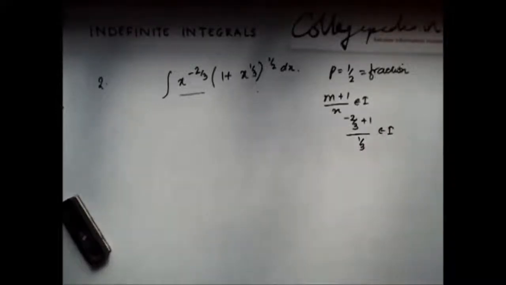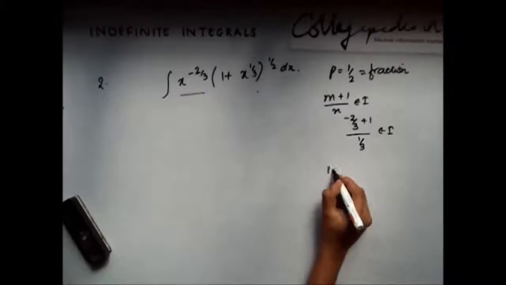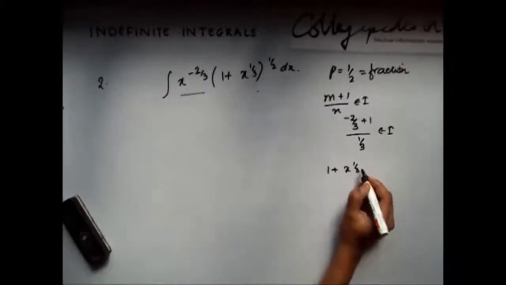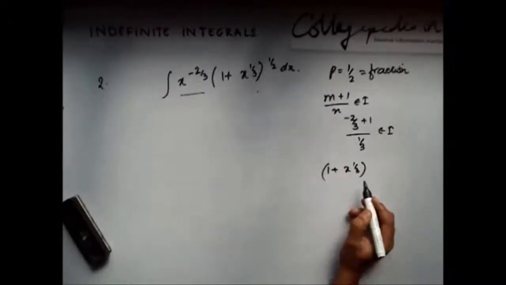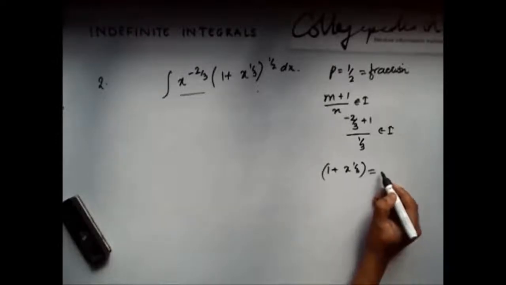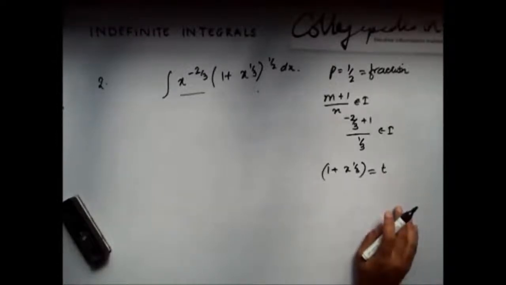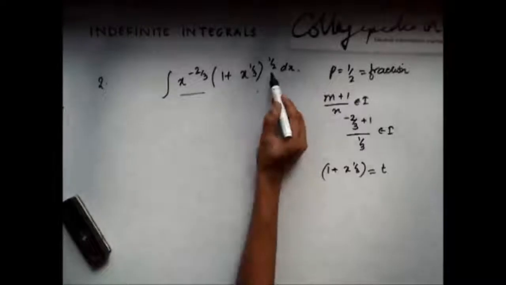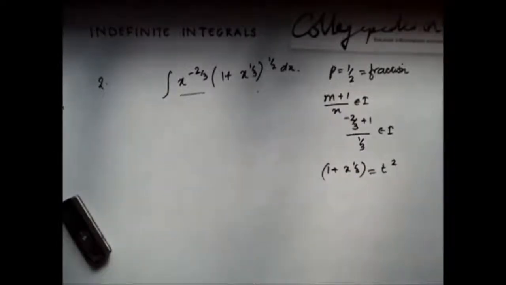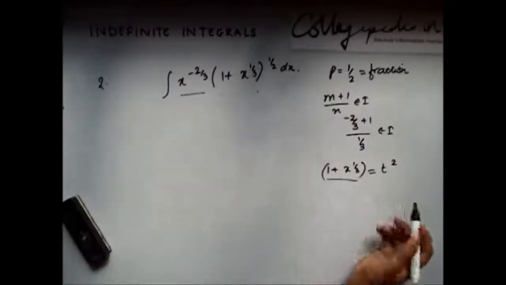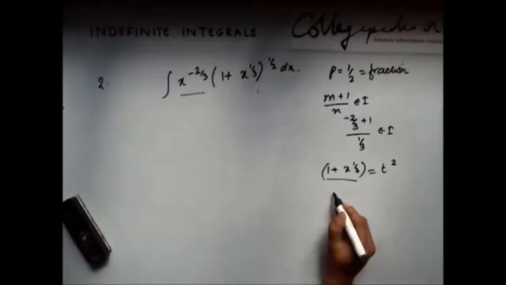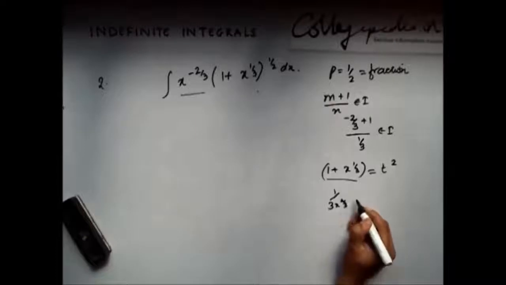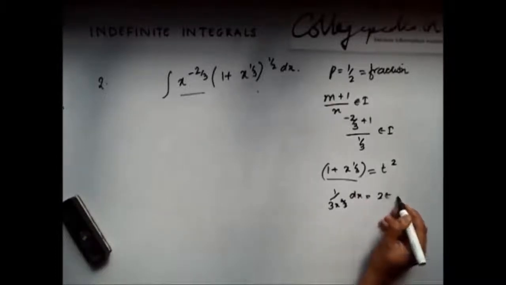As I said, what you need to do is replace 1 plus x to the power 1 by 3 as t to the power k, where k is the denominator of the fraction p. The denominator of p is 2, so we'll replace this with t square. If I differentiate, I get 1 divided by 3x to the power 2 by 3 dx as 2t dt.